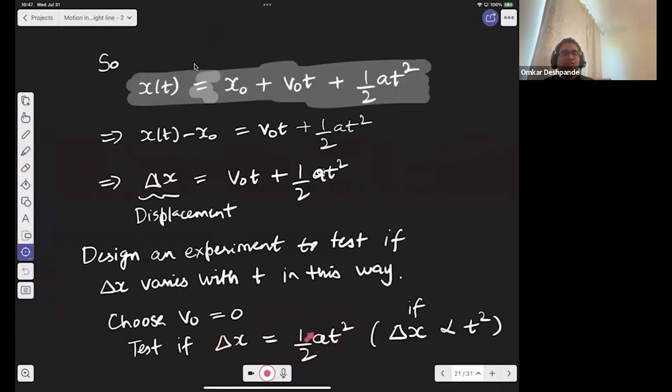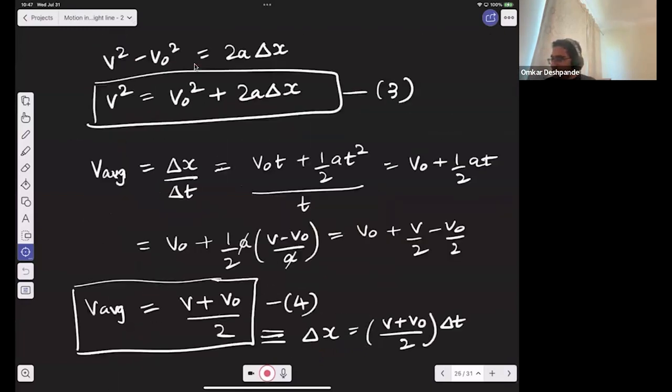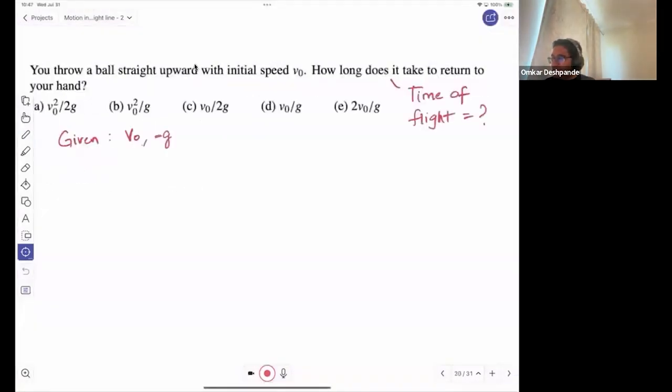Well, that value should be half a, and so you can get the magnitude of a from there. Or you can plot it for several seconds and then come up with a more accurate parabola that passes through all those points or close to all those points, and then based on the equation of the parabola, I can get a.